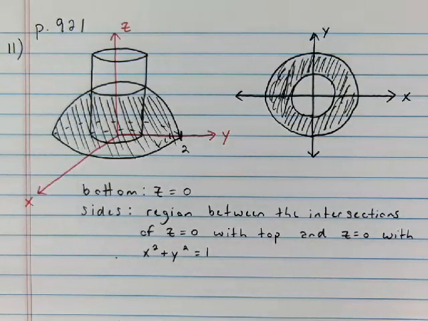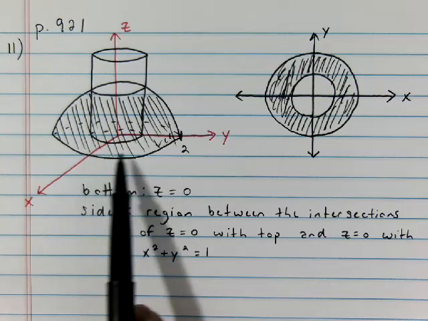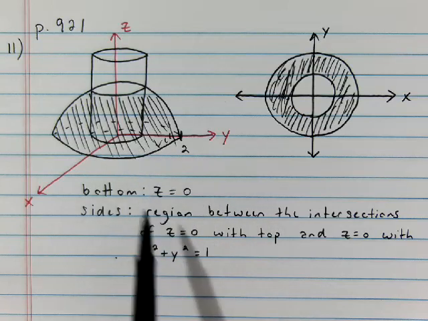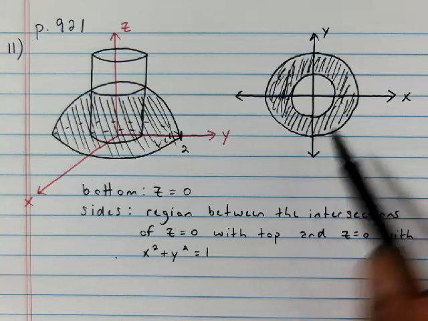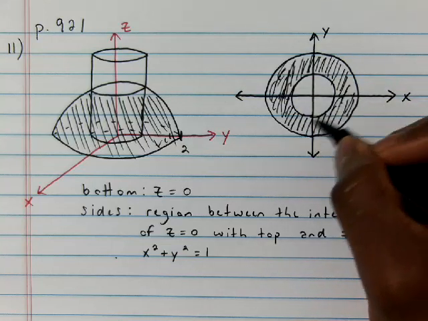All right, so now from the fact that we're inside of the sphere and outside of the cylinder, and we're looking at the z equals 0 intersected with that, that gives us kind of our bottom, because when we intersect z equals 0 with the cylinder, we end up just getting this little small circle right here.